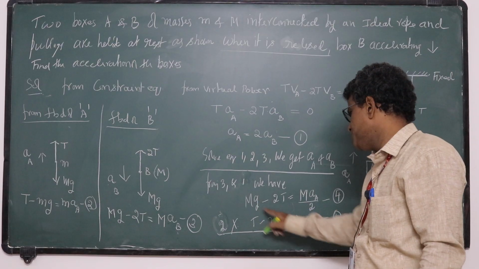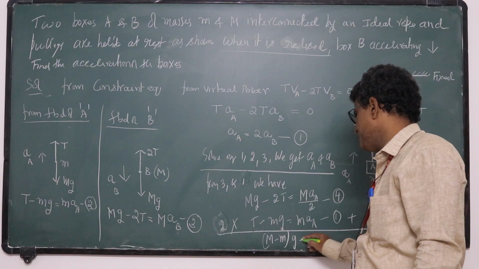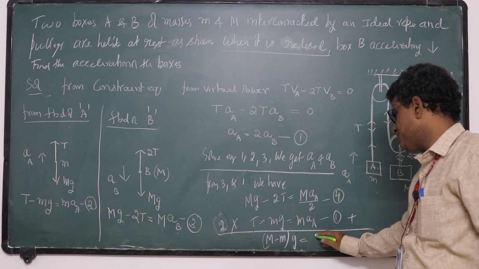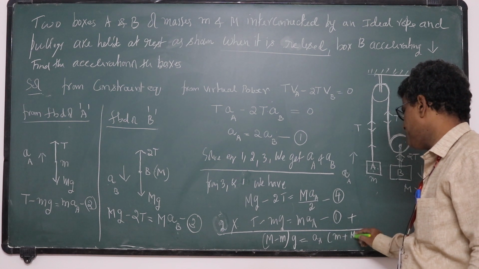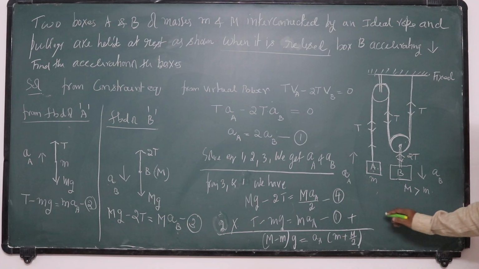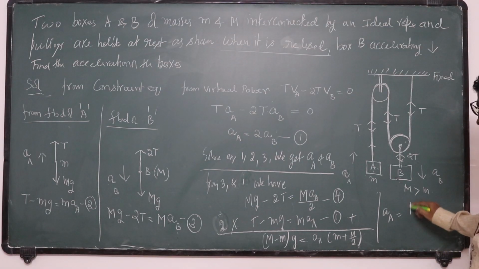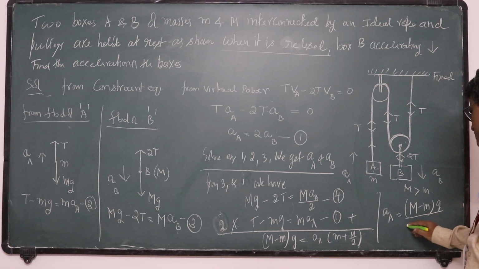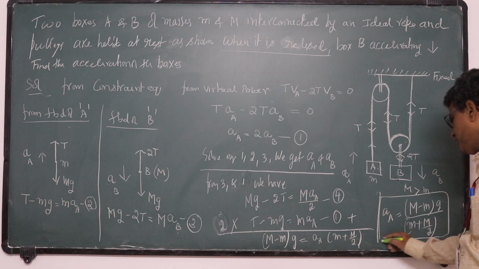Here g you take as common, capital M minus small m of g is equal to acceleration of A, which you take as common, and here you will get small m plus capital M by 2. So I want acceleration of A, which is capital M minus small m of g by small m plus capital M by 2. This is the answer for acceleration of A.